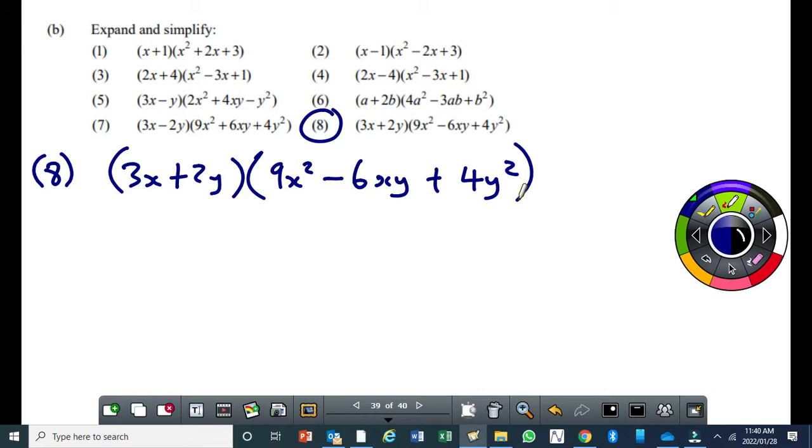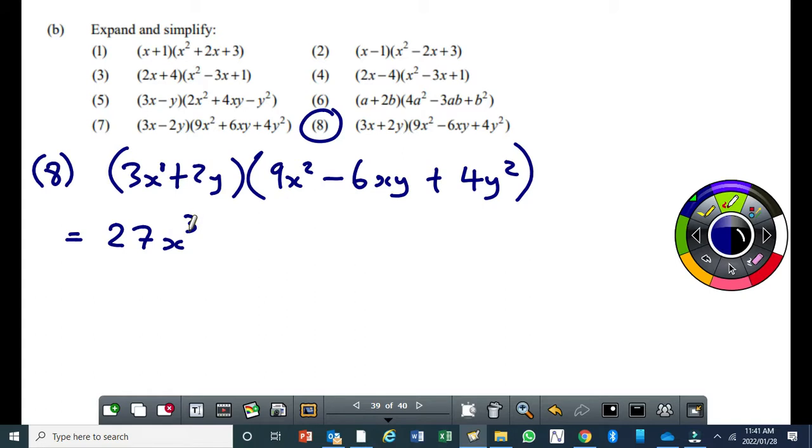So we are multiplying a binomial by a trinomial. We'll start with the binomial term first. The first term of the binomial, 3x times 9x squared. Start with the coefficients. 3 times 9, 27. This x here is the same as x to the power of 1. So x to the power of 1 times x squared, that will give you x to the power of 3.